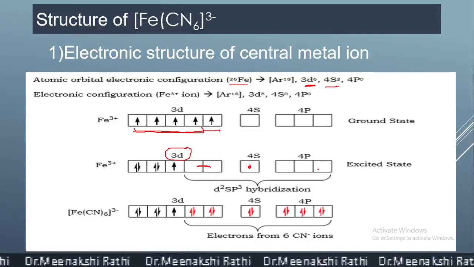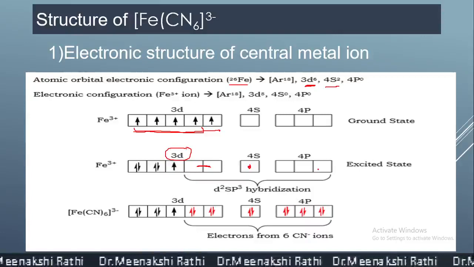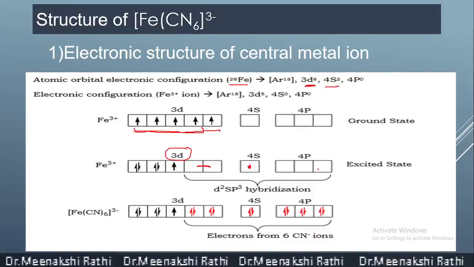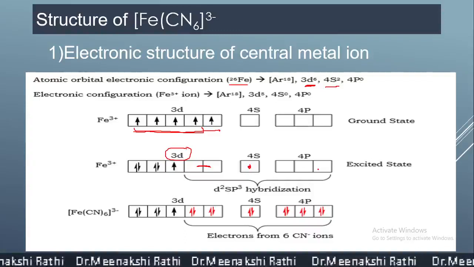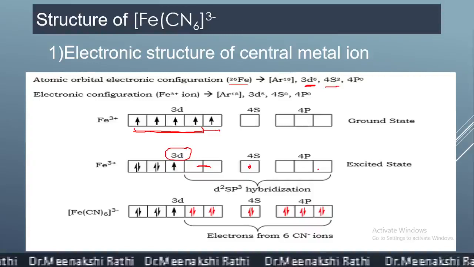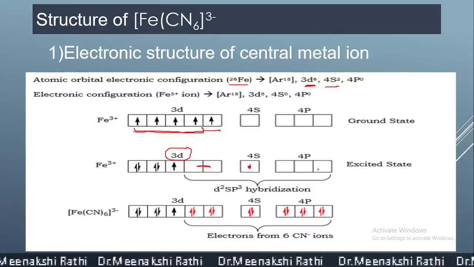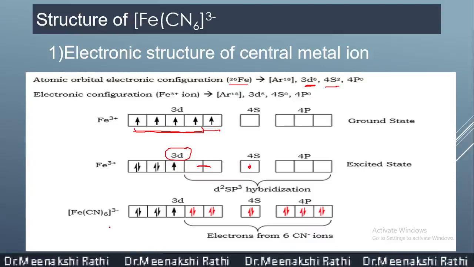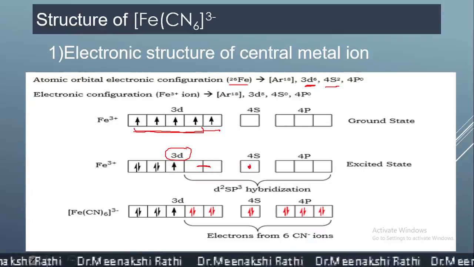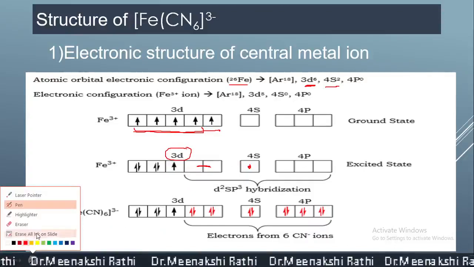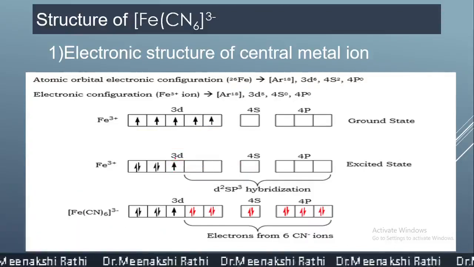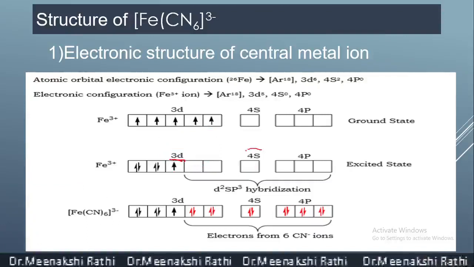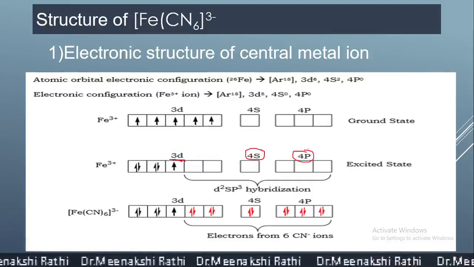These 6 empty orbitals of the metal ion accept electrons from 6 cyanide ions, which are represented by red color, and the hexacyanoferrate ion complex is formed. Here you can see, during formation of the hexacyanoferrate ion complex, it used a d orbital which has a lower energy level than 4s and 4p.